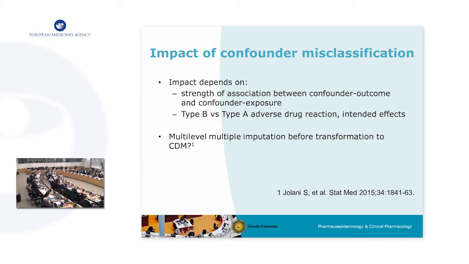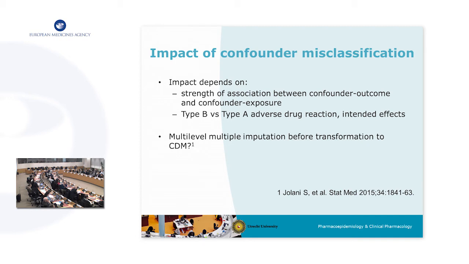Something to be considered, I think, is that because some information might be missing for a complete transformation to a common data model, we may consider other techniques such as multilevel multiple imputation that has been developed for individual patient data meta-analyses, in which also from different studies, different trials, some covariates sometimes are completely lacking, so this systematic missing of information.